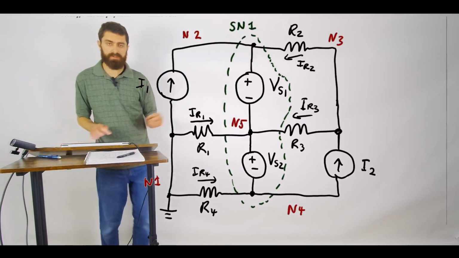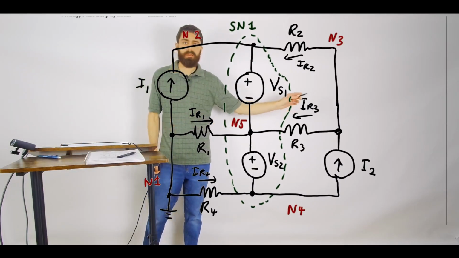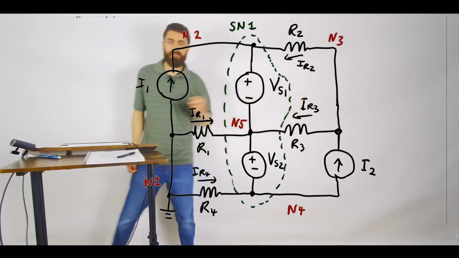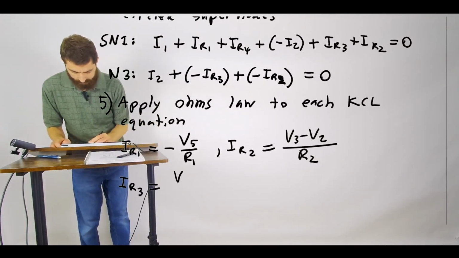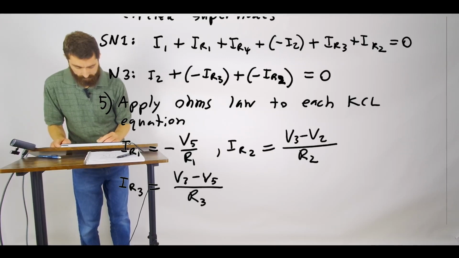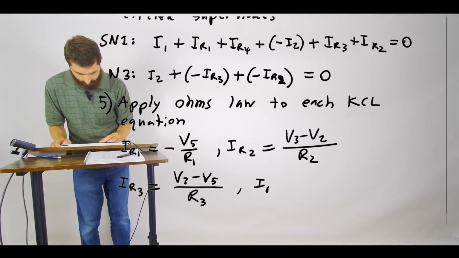IR3 is going to be equal to V3 minus V5 divided by R3. And then finally we have IR4.